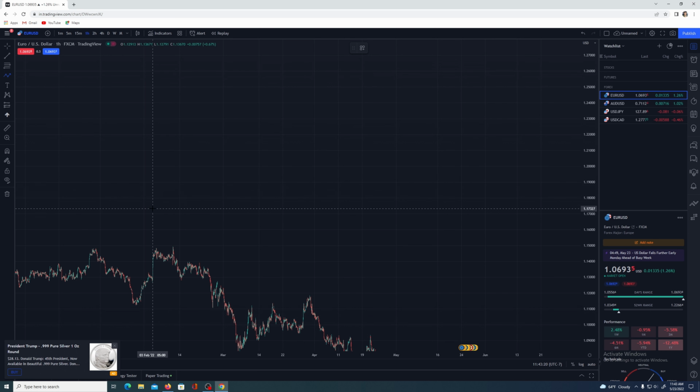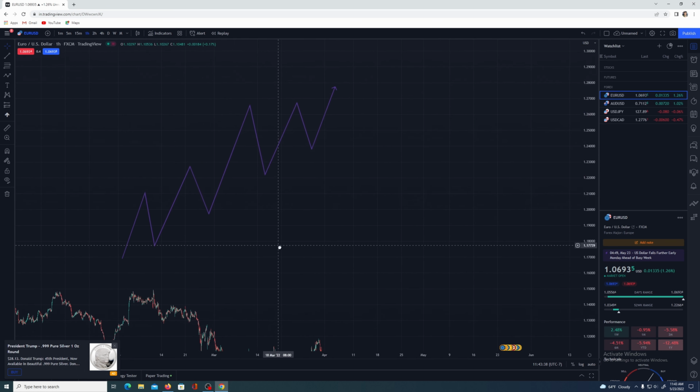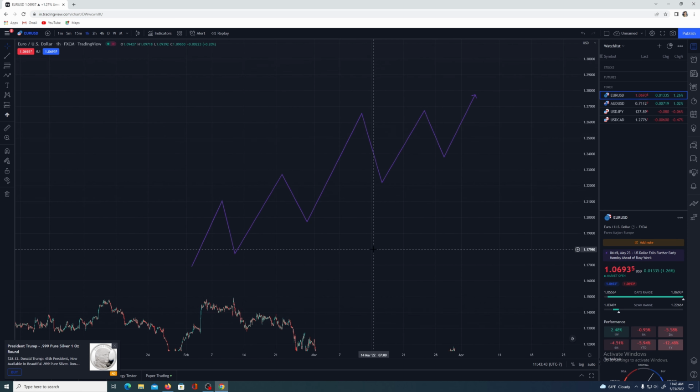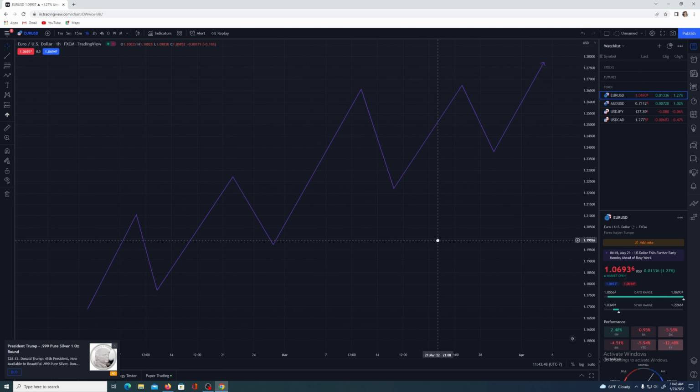So far we said an uptrend is going to be a higher low, a higher high, higher low, higher high, and so on. This is how structure is delivered in the market in an uptrend.